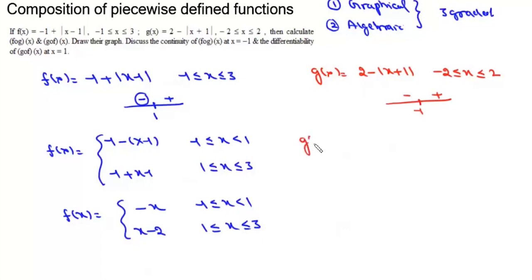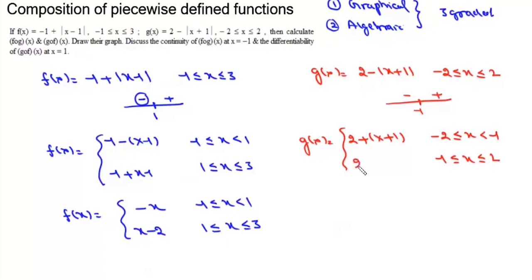So now we can write this function g(x) as, first we have this interval when x lies between minus 2 and minus 1. Now it is 2, and in this interval this is negative, so minus minus plus, so it will be 2 plus x plus 1, and then we have from minus 1 to 2.